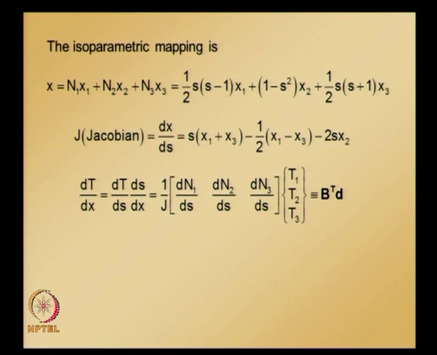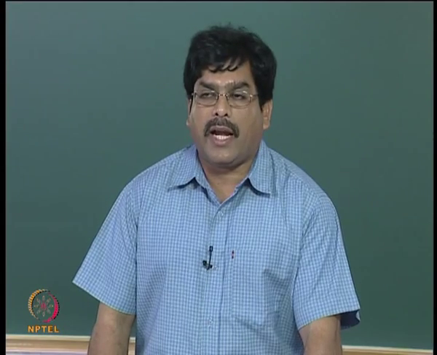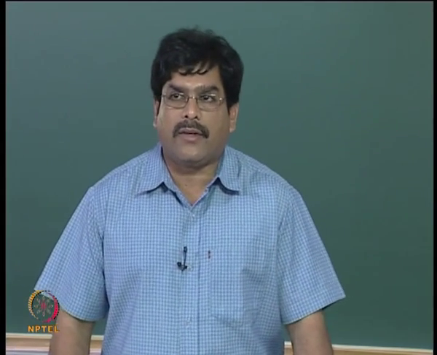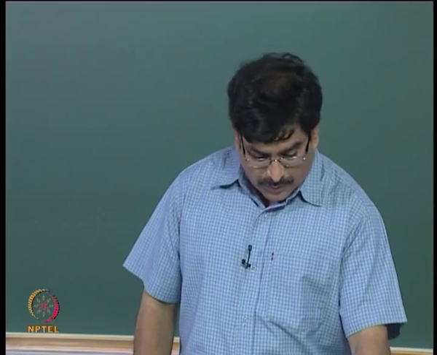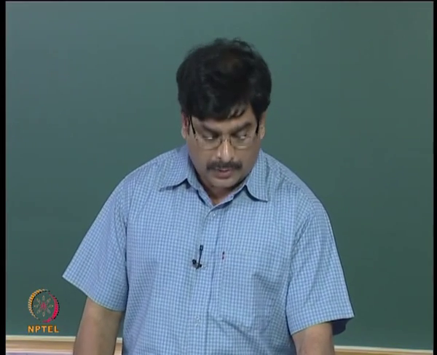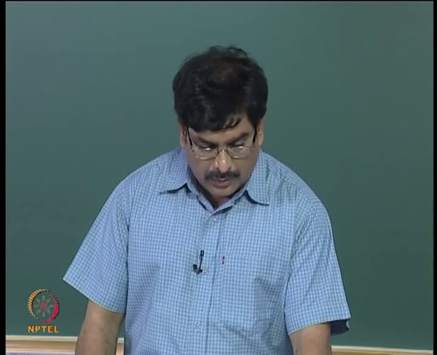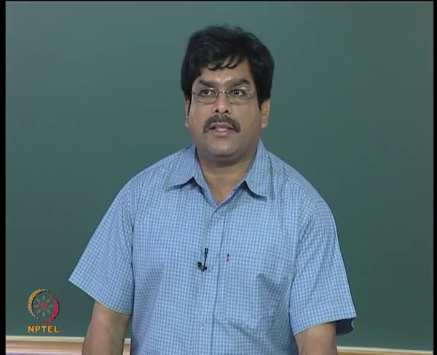So, now we have the field variable expressed in terms of nodal values or nodal parameters and also its first derivative. So, now we can use the Galerkin criteria to derive the element equations, similar to what we have done in the earlier cases.